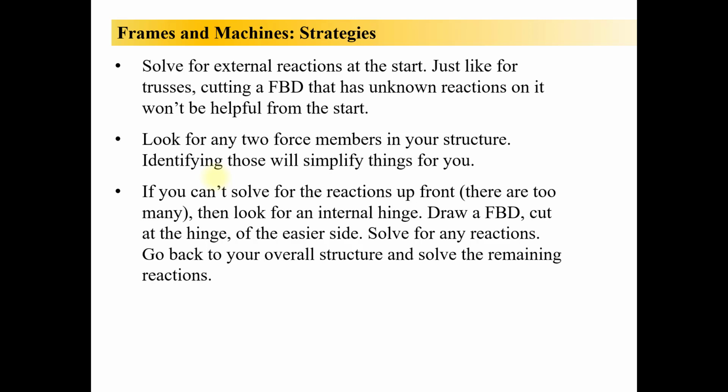You also know that there's no moment acting around that hinge. There's no moment transferred by that hinge. That's kind of the definition of a hinge, right? Instead of it resisting rotation, it allows rotation. It is a moment release. So if you can see those things, that's usually where you want to go.